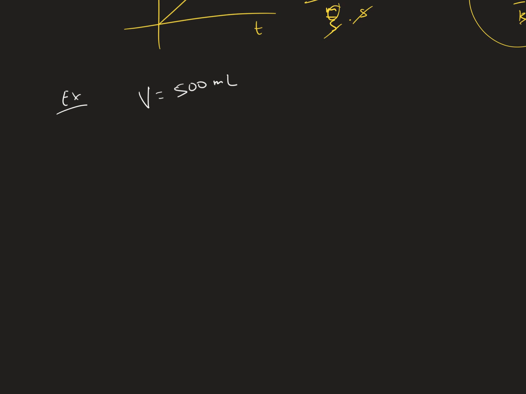What's that? Pressure of 15 ATM. So that's the max pressure safely, is what it says. How much gas can it safely carry at room temperature, which is 25 degrees Celsius? So what's that? Temperature is 25 degrees Celsius, right?